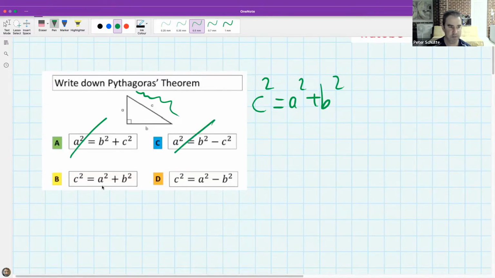So it can only be b or d. And because you got the hypotenuse by itself, there's going to be a plus, which means the correct answer will be B. So the theorem of Pythagoras is really helpful in helping us to find unknown sides.